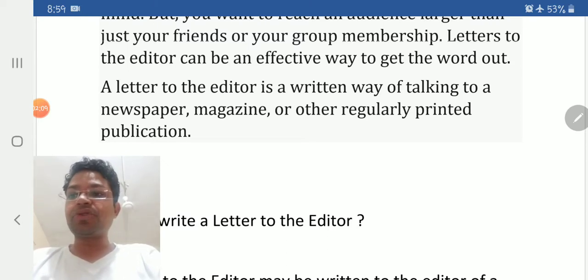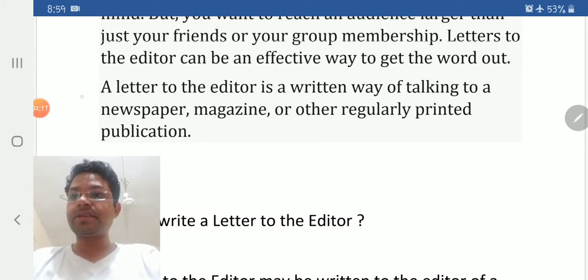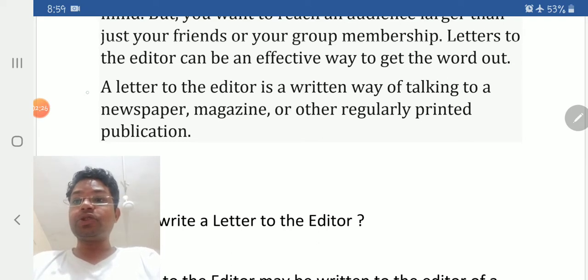You can send it through email or write it in hard copy, and they are going to publish your letter and your ideas in their respective newspaper or magazine, so that you can reach a larger audience, because it is read by so many people. Okay, so that is the letter to the editor.